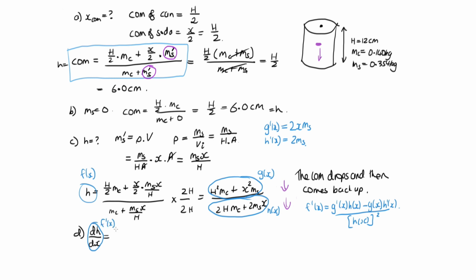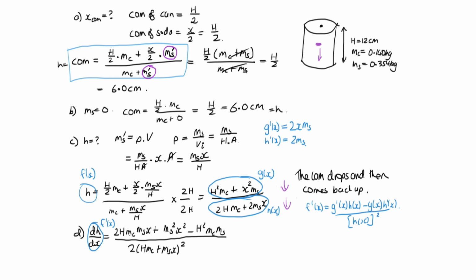So when we do that and simplify, we end up with 2h times the mass of the can times the mass of the soda x plus the mass of the soda squared x squared, minus h squared times the mass of the can times the mass of the soda, all over 2h times the mass of the can plus the mass of the soda x, squared.